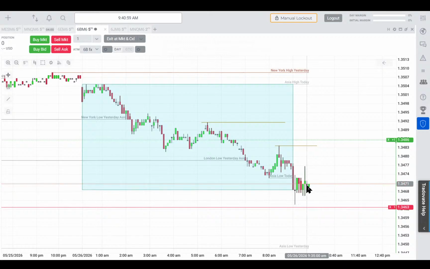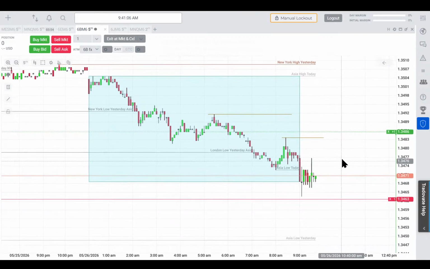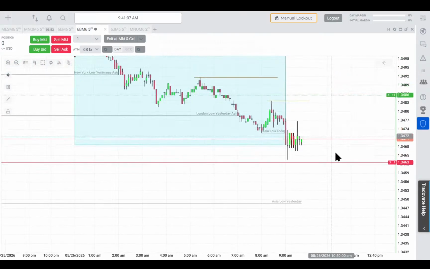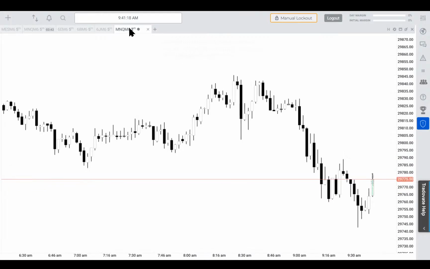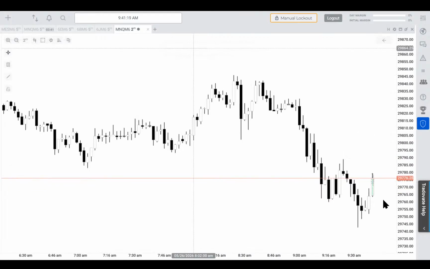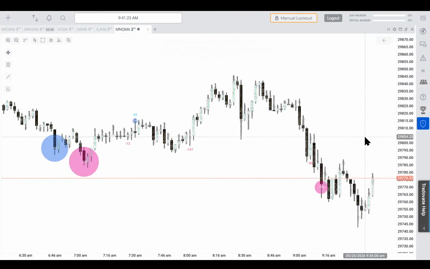So now we wait for the latest bar to form, and if nothing happens, we remove. It looks like MNQ wants to go higher. MNQ is pushing a bit higher. But we need the close above 790.